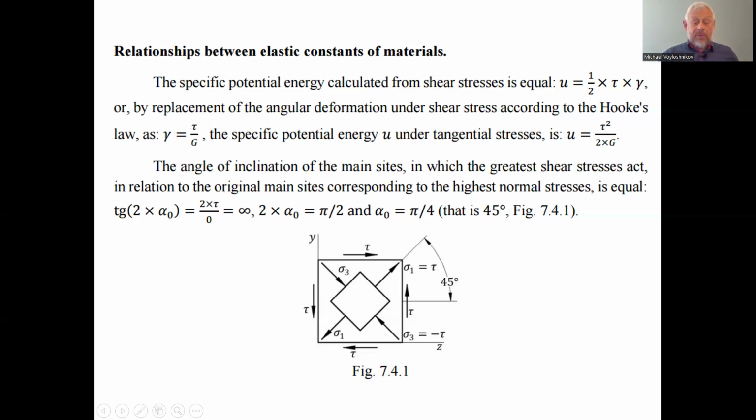When we substitute into the formula for the tangent of the angle of inclination, we find the maximal magnitude of the normal stresses at the angle where tangent of 2 alpha is equal to infinity. So 2 alpha is equal to pi divided by 2, and alpha is consequently equal to pi divided by 4.